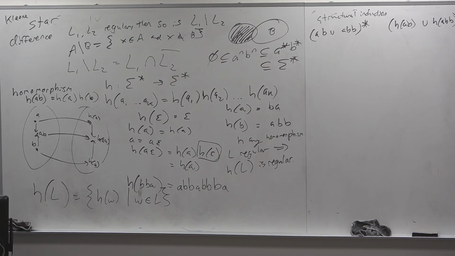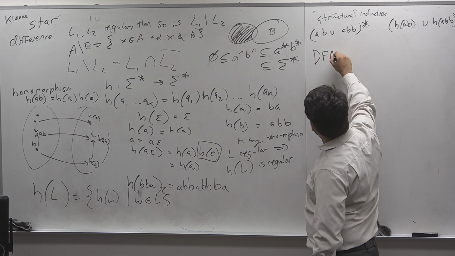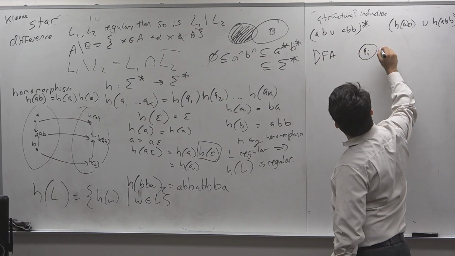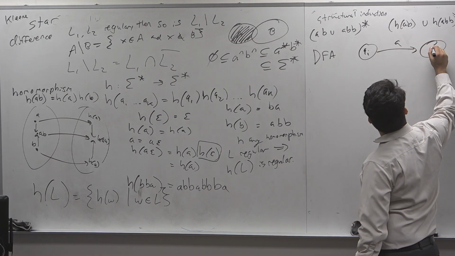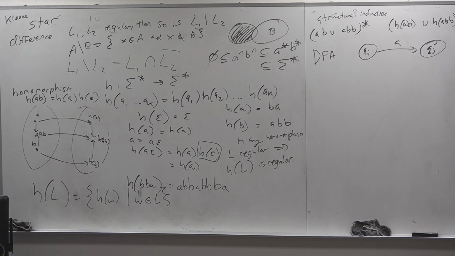Suppose we did it with a DFA, or even an NFA. If the DFA has transitions like QI, read an A, QJ, while the DFA takes a sequence of transitions, it doesn't print it out.